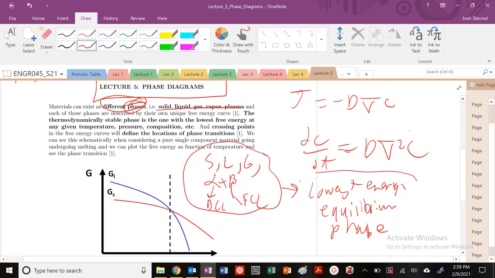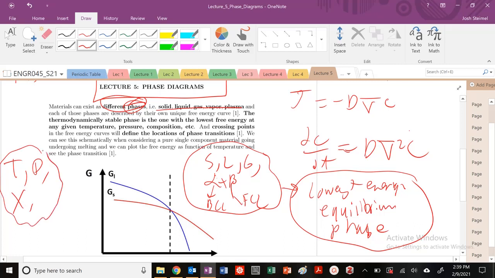That's the question we want to answer. What is going to be the lowest energy state, given some combination of temperature, pressure, composition? Some of these are intensive and extensive variables. Depending on these variables, what will be the lowest energy state? That's the key idea here.